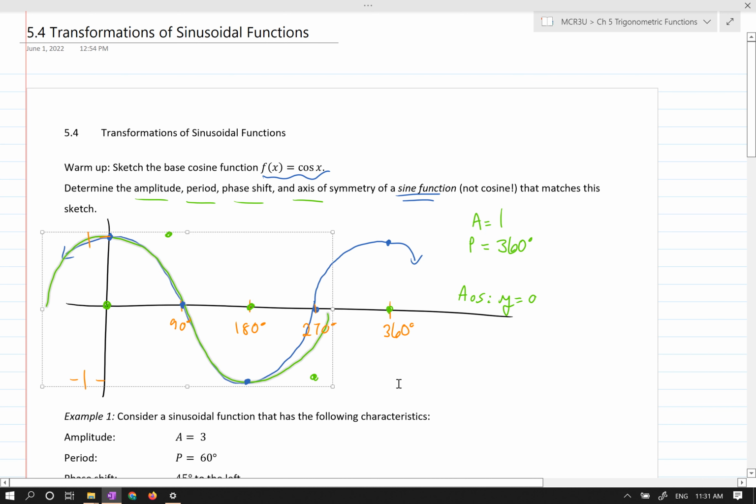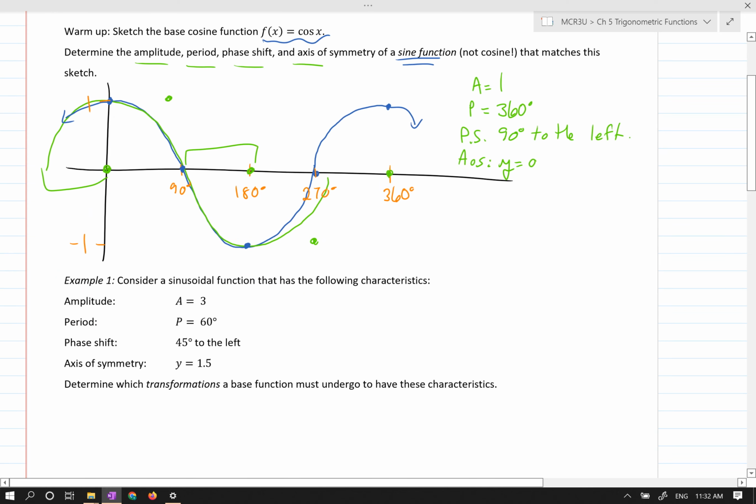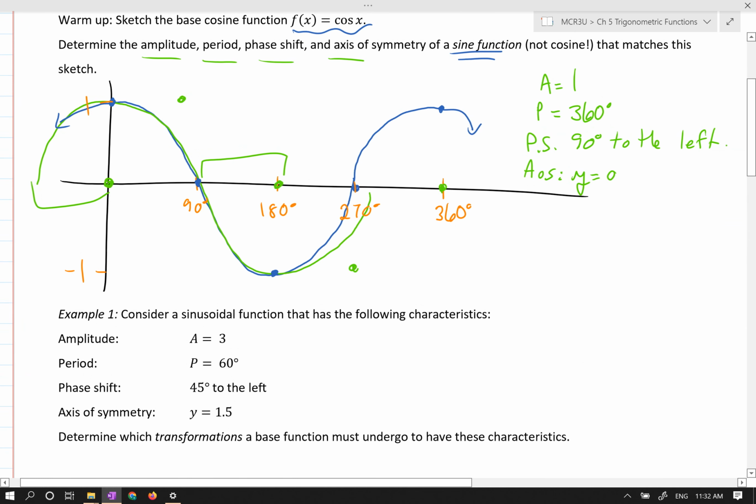How many degrees is that I've translated it over here? Well, that's the same as this right here, from 180 degrees to 90 degrees. So my phase shift is 90 degrees to the left. Fantastic. If you're able to follow that, fantastic. We're off in a good direction.